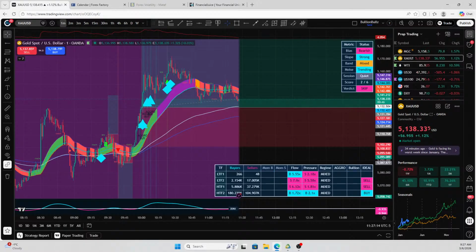Pretty much I think we're about to close our trade. If it goes below 2, that's the first sign of weakness, and we will just close the trade.